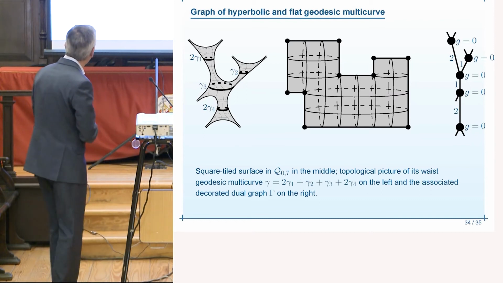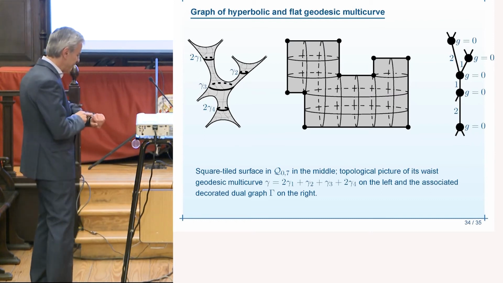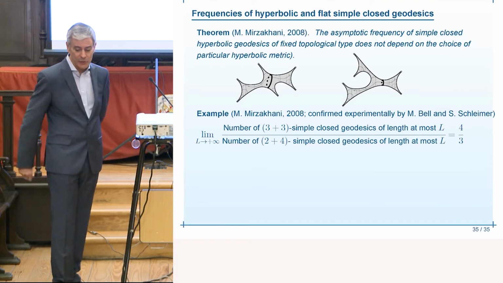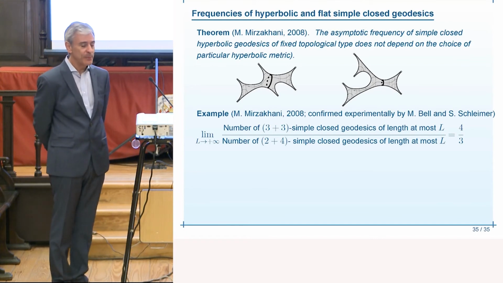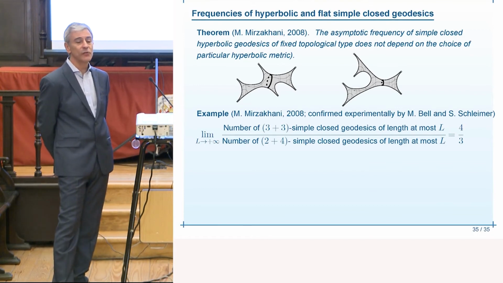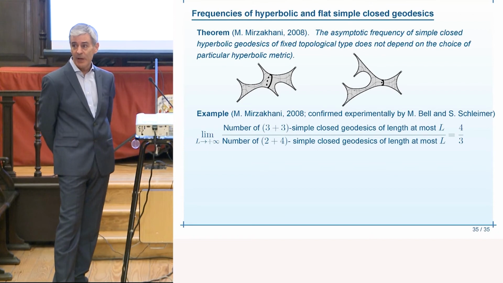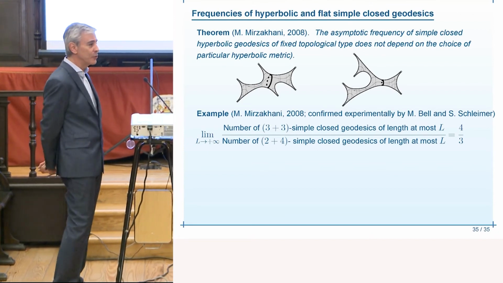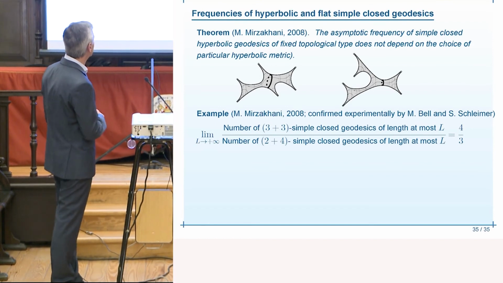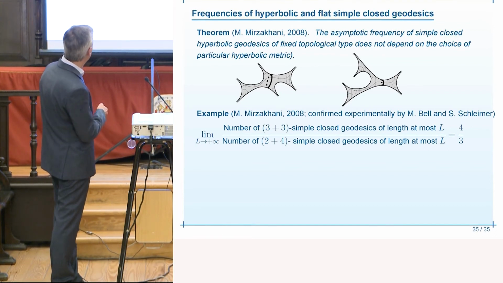And now the theorem of Mirzakhani. She counted the number of simple closed hyperbolic geodesics on surfaces of given type. So you fix its genus, you fix the number of cusps, and you fix the type of your simple closed geodesic. For example, in this picture, here we have spheres with 3 cusps.